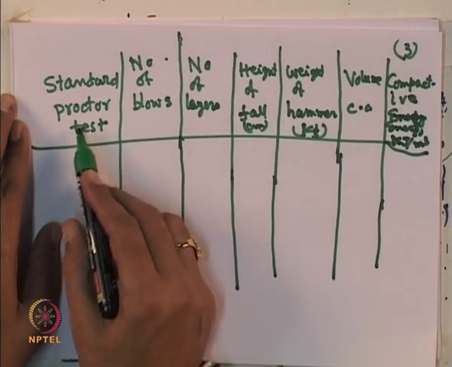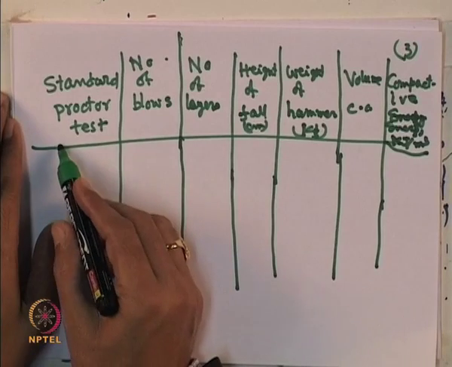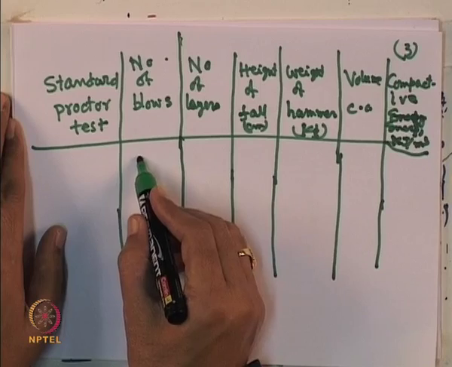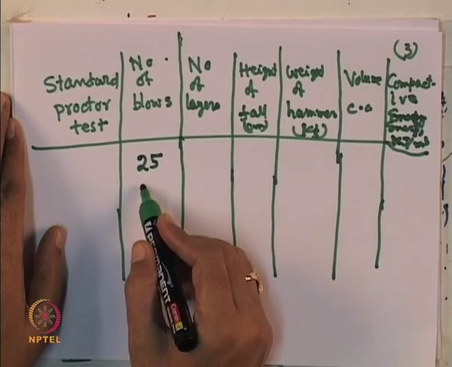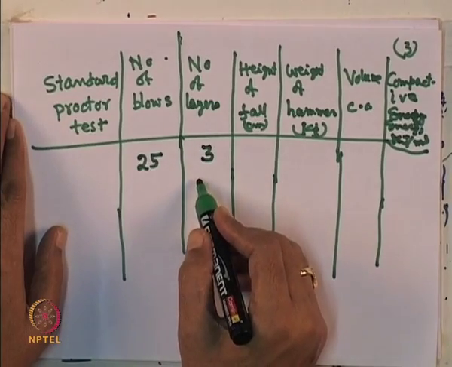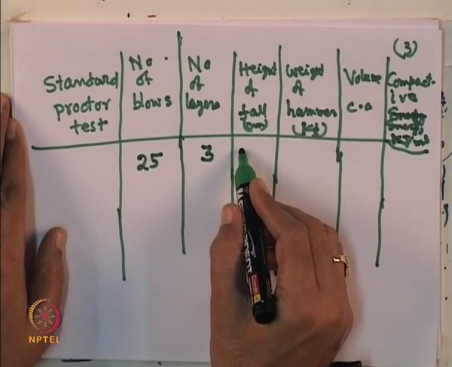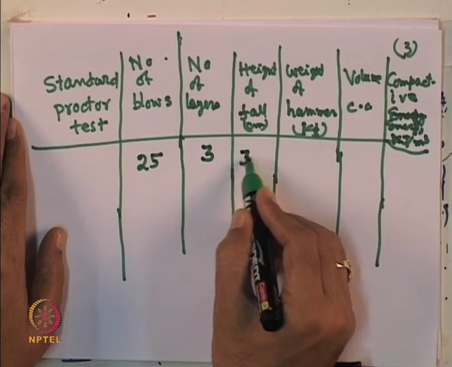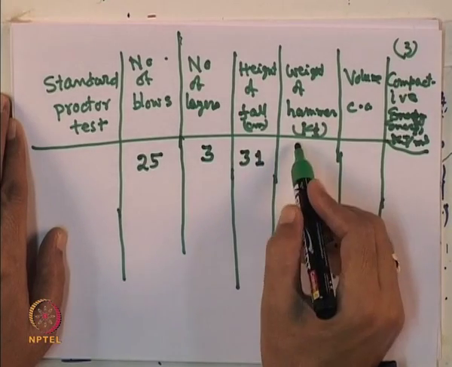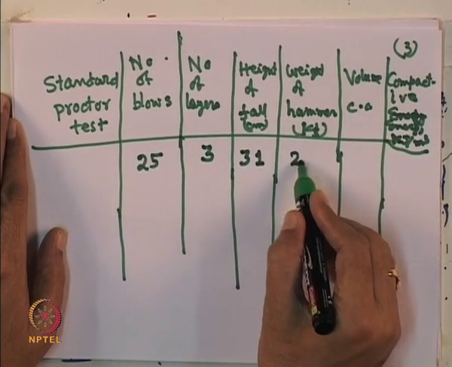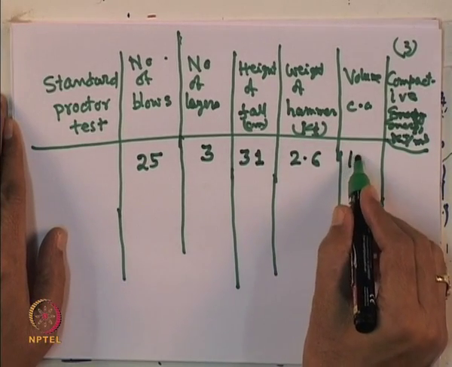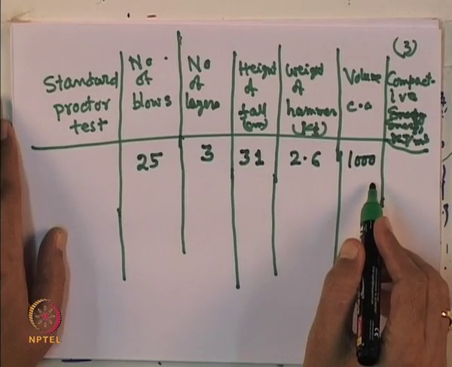So, for the standard Proctor test, let us say the number of blows is 25 and the number of layers is 3 and the height of fall is 31 centimeter and the weight of the hammer is 2.6 kg and the volume is 1000 cc.